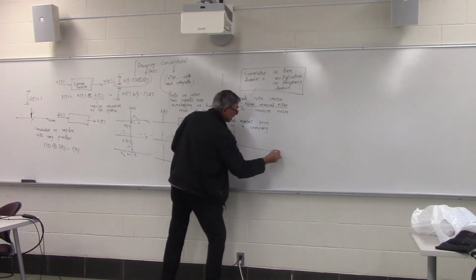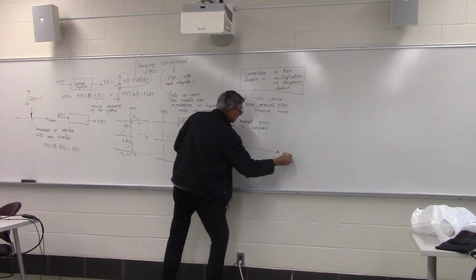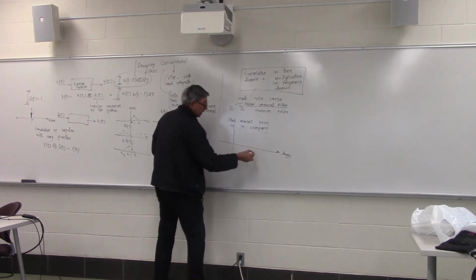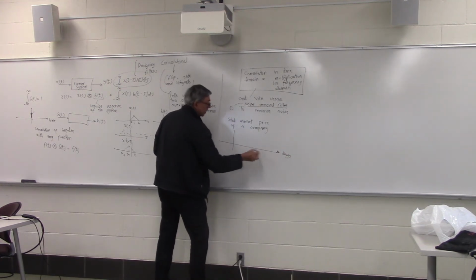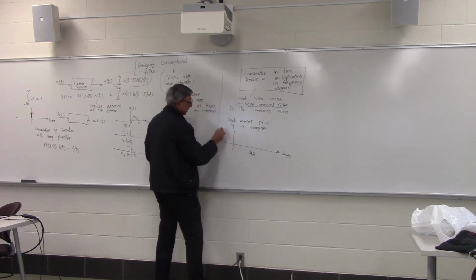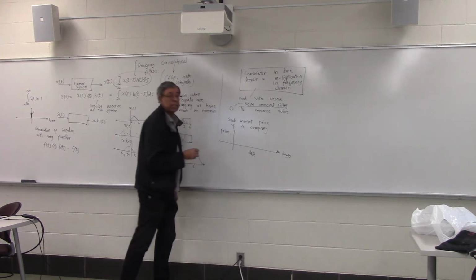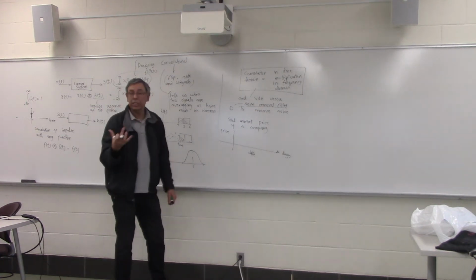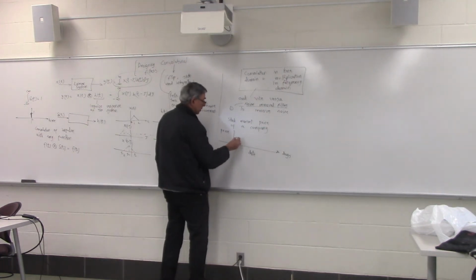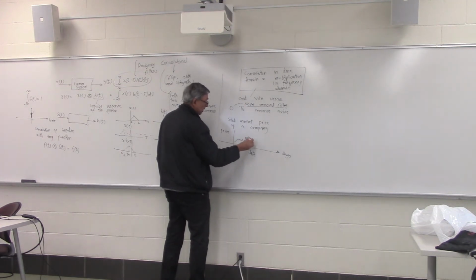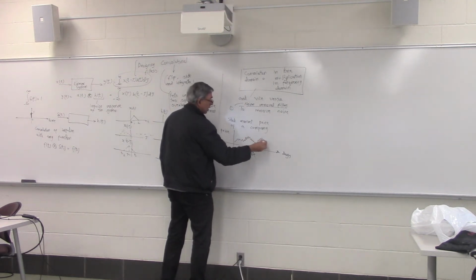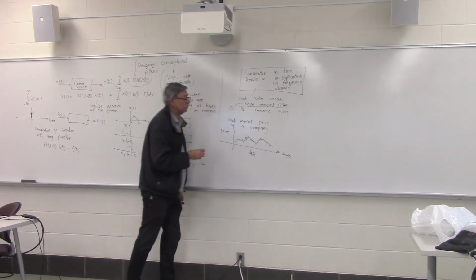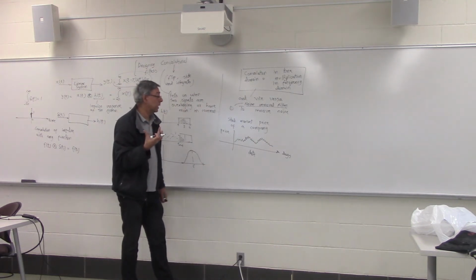So if this is days or date on the x-axis, the price on the y-axis, right? So every day, for example, if we take a look at the price of IBM, it's changing. Okay? So it might go up, down, up, down, up, down. Okay. So this is how it will look, for example, on a daily basis.